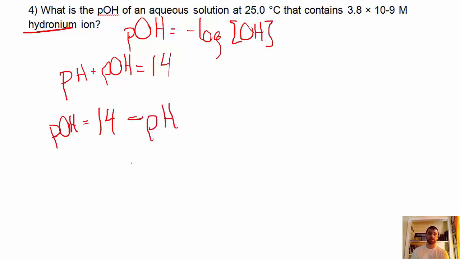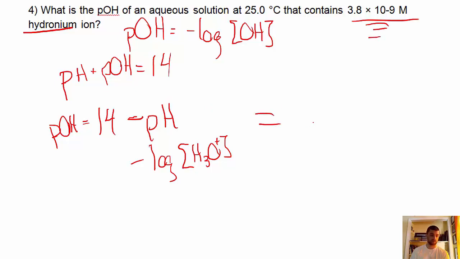And we know that the pH is the negative log of the concentration of the hydronium ion, which they gave us right here. So we just plug that in. pOH is 14 minus negative log of this number, and you get the answer of 5.58. And that's your final answer.